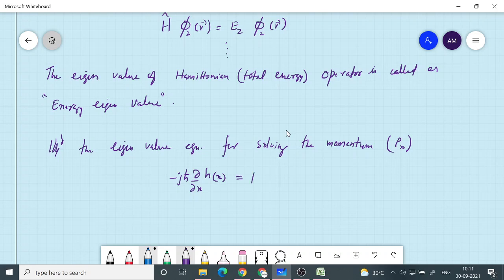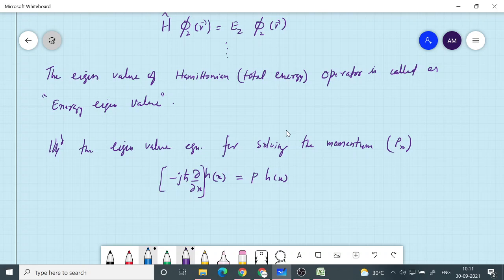So that will give you some momentum value multiplied by h of x. So this is the way we will have to do it. This is the operator acting on h of x, so this is also an eigenvalue problem.